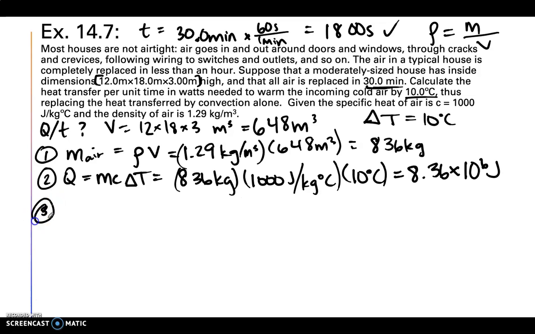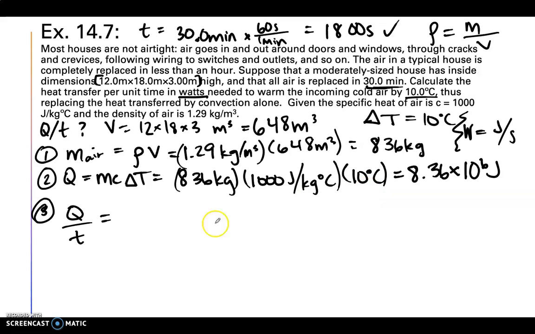Okay, now our third step is to find our Q over t. So what is this heat transfer per unit time? And it does ask for it in watts. Remember that watts is joules per second. Okay, so that's why I also translated this into seconds.